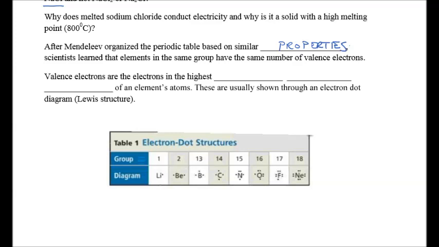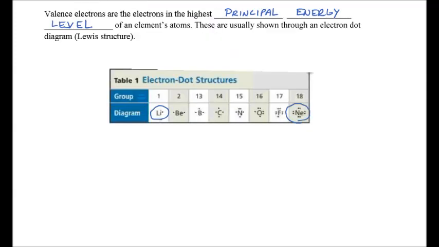Valence electrons are the electrons in the highest principal energy level, which we know of as shells. We show these through electron dot diagrams, which are called Lewis structures, and all of this should make sense. Lithium in group 1 has 1 valence electron. Neon in group 18 has 8 valence electrons.